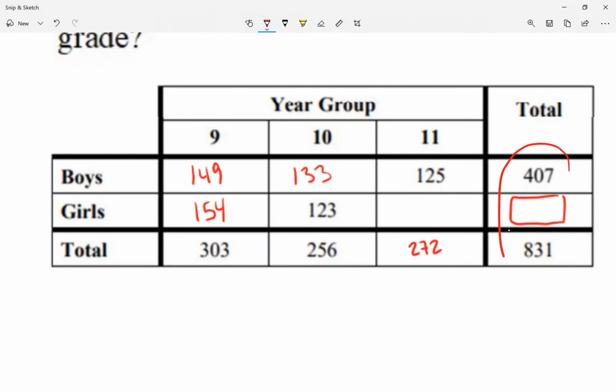When I'm looking at this column here, there's 831 total kids. There's 407 boys. So let me go 831 minus 407, and I'm going to find out that there's 424 girls.